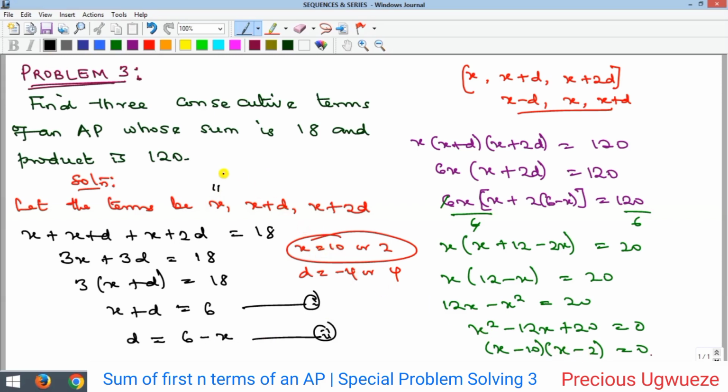When x is 10, we are going to have 10, then x plus d, and at that time our d is minus 4, so you have 6, then 6 minus 4 again, that will be 2. And when x is 2, we are going to have 2, and at that time d will be positive 4, that will be 6 and 10. In each case you will have a correct solution. You can check it. The sum of these three is 18 and the product is 120, and the same with this. That's how to handle it this other way.